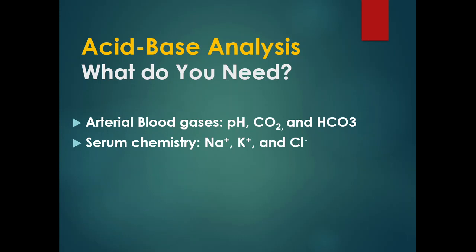Now, when we try to interpret acid-base disorders, we need arterial blood gases to obtain the pH, the PCO2, and the bicarbonate, and we would also need the serum chemistry for the sodium, potassium, and chloride to calculate the anion gap.